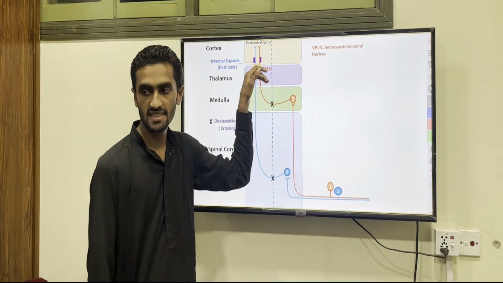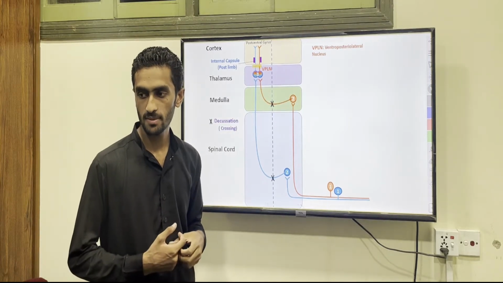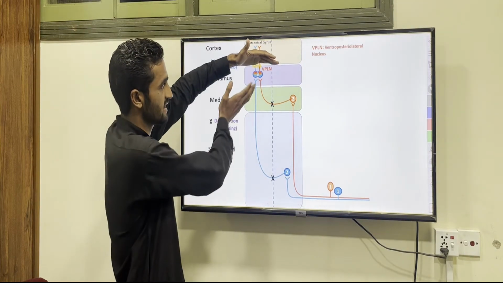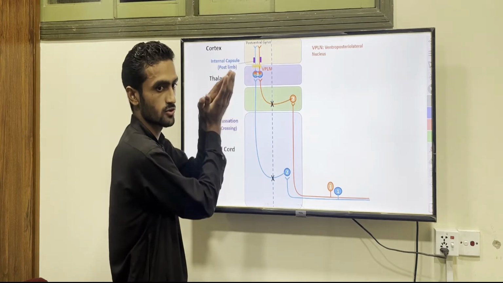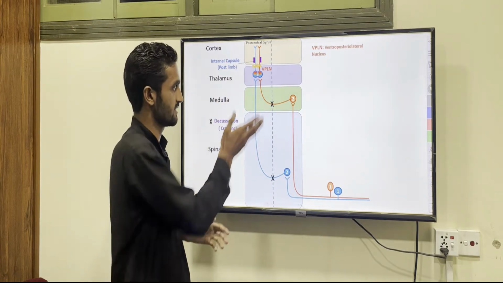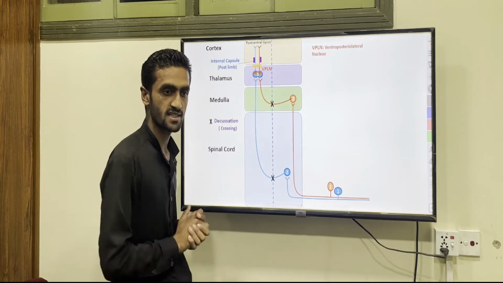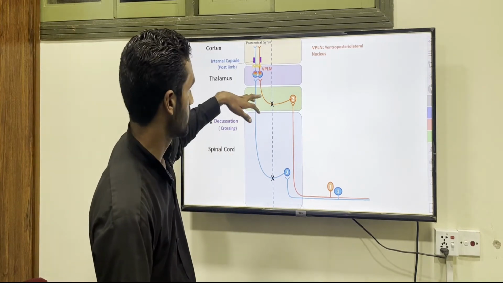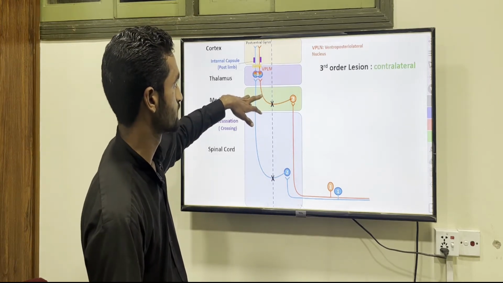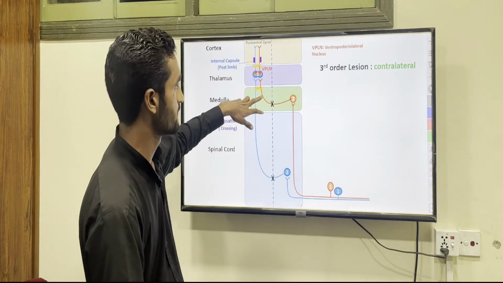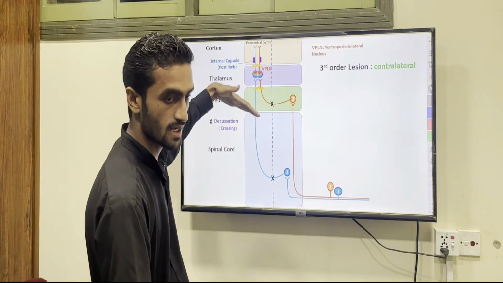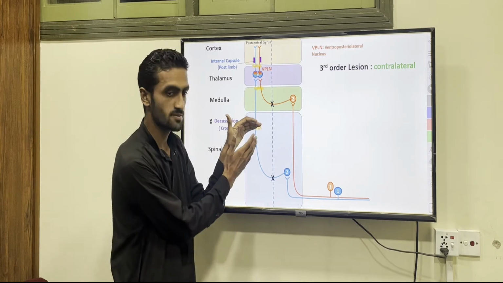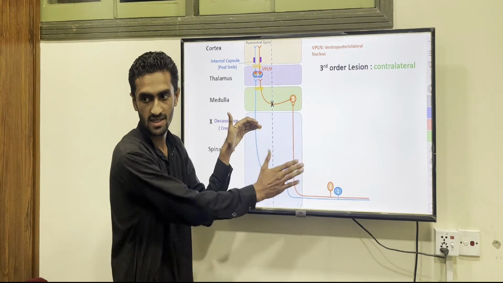If the lesion is at this level, will our sensation loss be contralateral or ipsilateral? If the lesion is at this level, meaning thalamus, internal capsule, or the cortex level, everything is on the contralateral. So the lesion should always be on the contralateral. At this level it will be contralateral because it is above the decussation, and below the decussation, for this pathway it is contralateral.